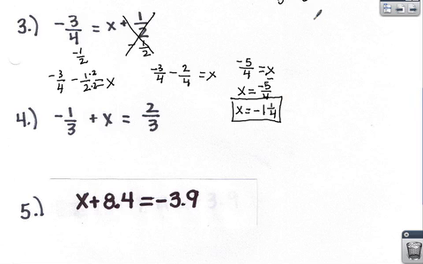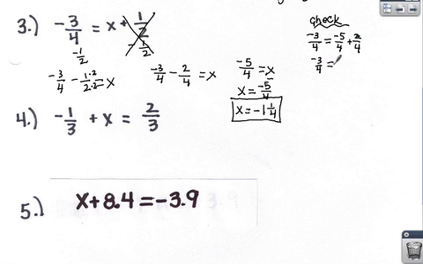Now, when I check my answer, negative 3/4 equals, I am going to write it as my improper fraction when plugging it in, because that'll be easier to actually add with. So I have negative 5/4 plus my 1/2, which is 2/4.